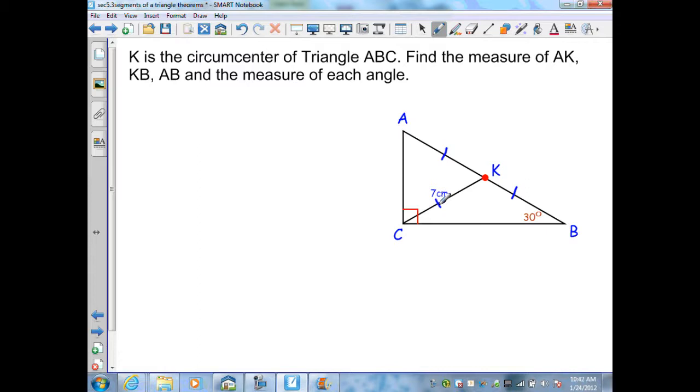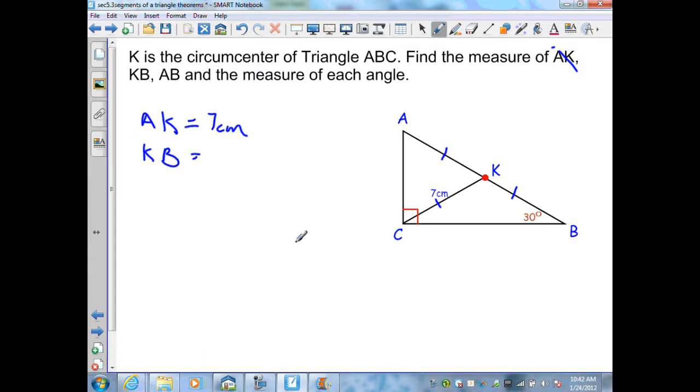Therefore, I know that the length of AK is equal to the length of KC, which I know to be 7 centimeters. I know that KB is also congruent to KC.